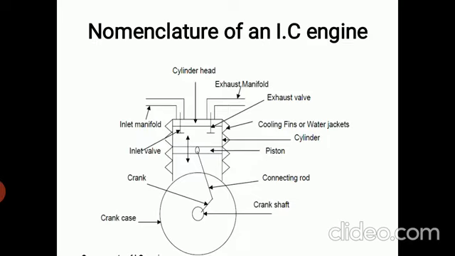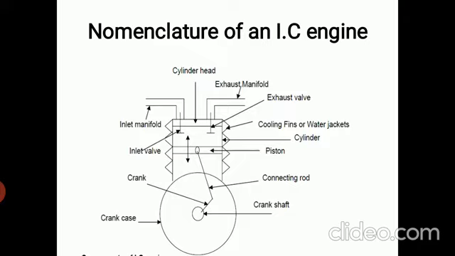Then we have a piston. The piston is made up of aluminum silicon alloy, which moves between two dead centers, that is top dead center and bottom dead center. We will discuss what is meant by top dead center and bottom dead center in upcoming sections. Then you will have a crankshaft, which is connected to the rear wheel of vehicles.